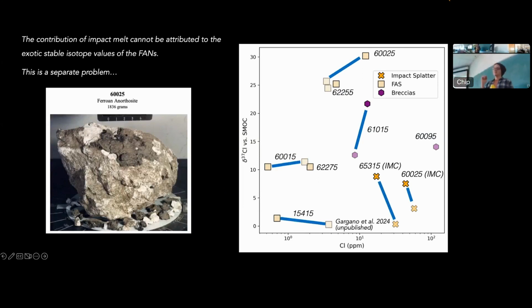How is it preserved? That's a really great question. The preservation of the exotic chlorine in the fans is certainly one that is of importance. I would say that if you look at the chemistries of impact melts broadly, they seem to generally match what the things they hit look like. It seems hard to reconcile the fact that many impacted products are volatile rich, not volatile poor.